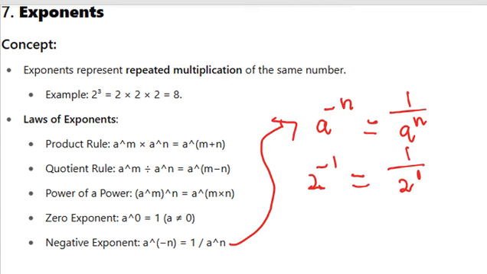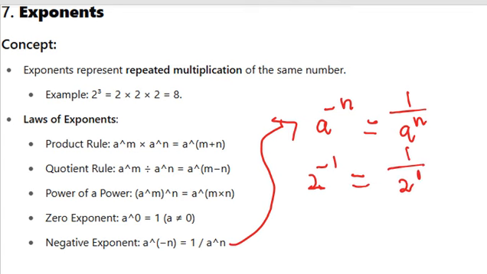X to the minus 2 is the same thing as 1 over x squared. So this is what a negative exponent means.